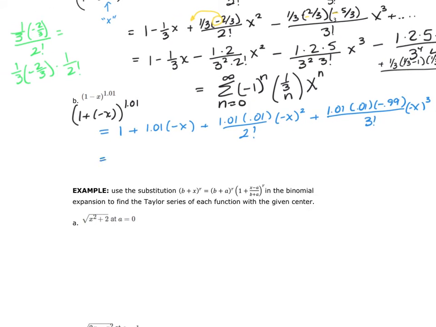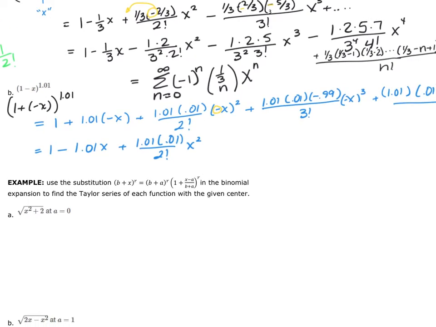So then this is equal to 1 plus, oh wait, it's a minus 1.01x. This negative is canceled out because it's squared, so it's going to be plus 1.01, 0.01 over 2 factorial, multiplied by x squared.